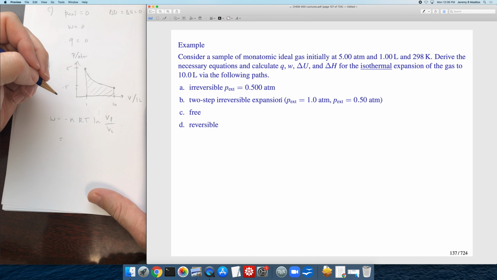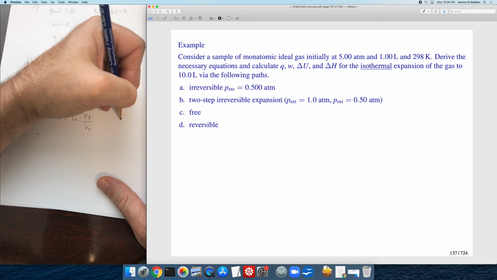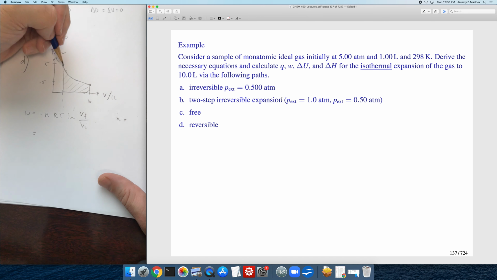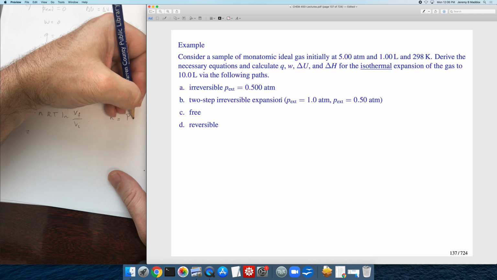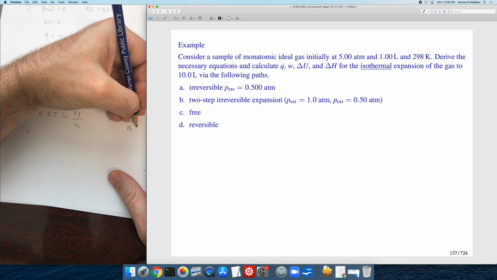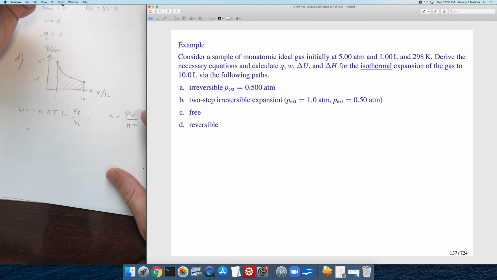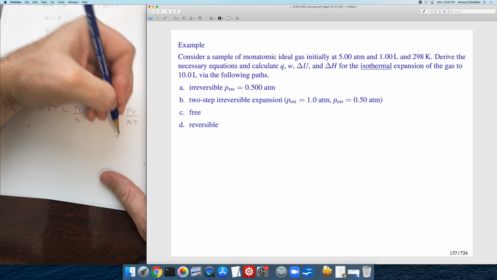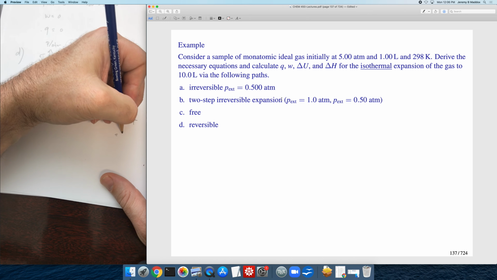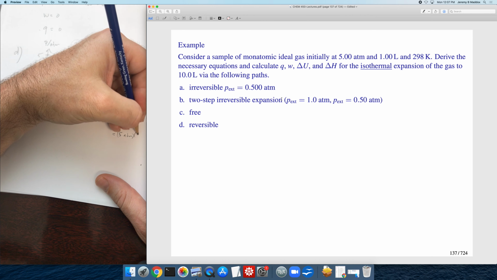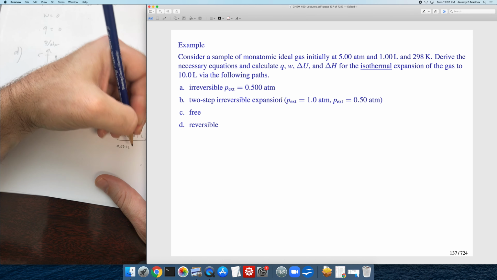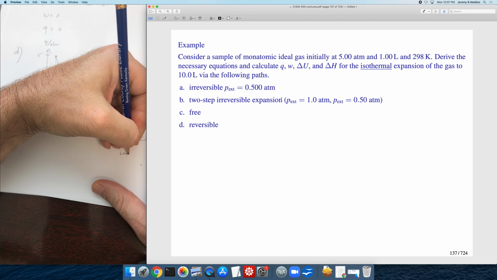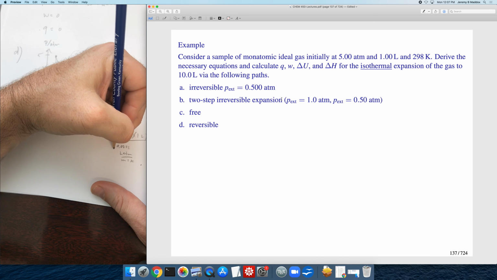We're going to need to determine the number of moles of gas. And at either of the points, n is going to be equal to PV over RT. And so we can calculate that very quickly. So we'll take 5 ATMs, that's 1 liter, divided by 0.0821 liter ATMs per mole Kelvin.